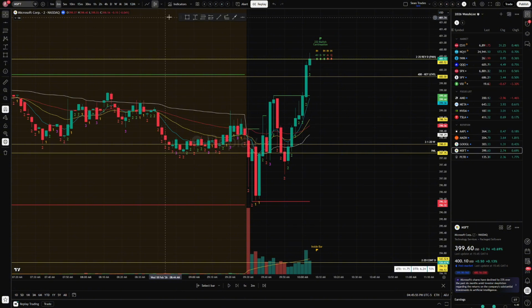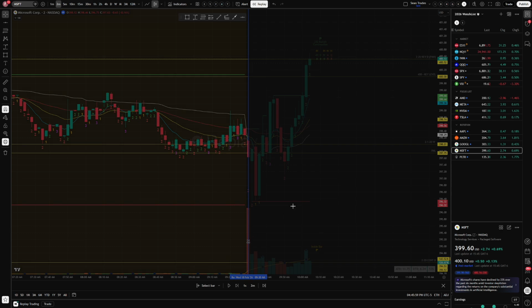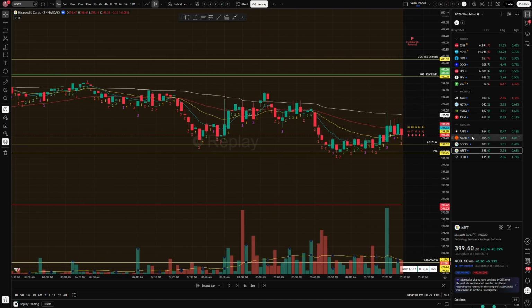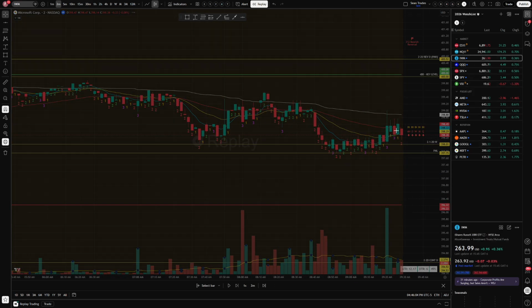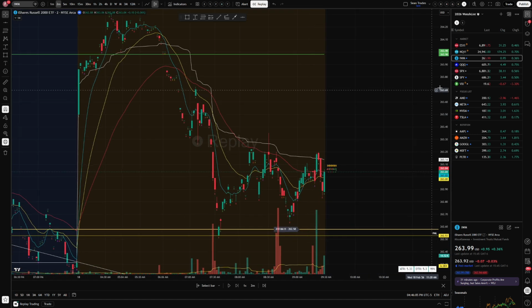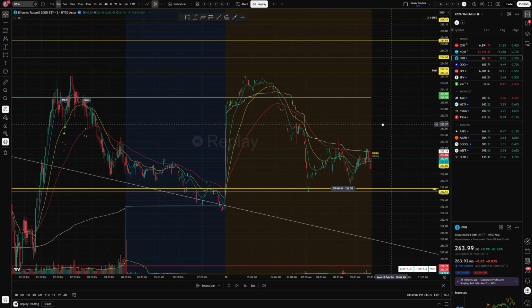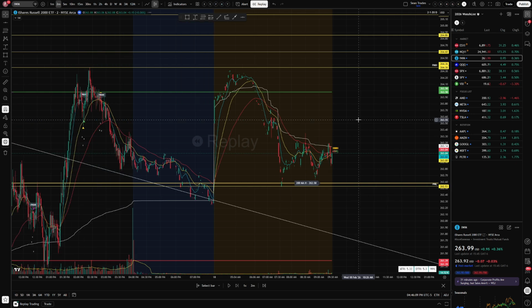The second trade that I took for the day was on IWM, one of the few indices that I trade. As you could see, on IWM, we had a pre-market high of 264.36 and a pre-market low of 262.53.